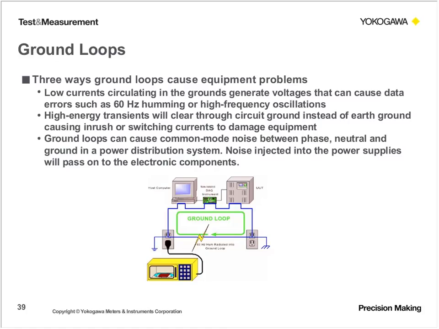That is a good indication that you have a ground loop. If you experience any high energy transients or maybe some inrush, that could also be caused by ground loops. And ground loops can occur between your three-phase power distribution systems. So if you're working with multiple power supplies, that noise can be injected through the power supplies into your equipment.